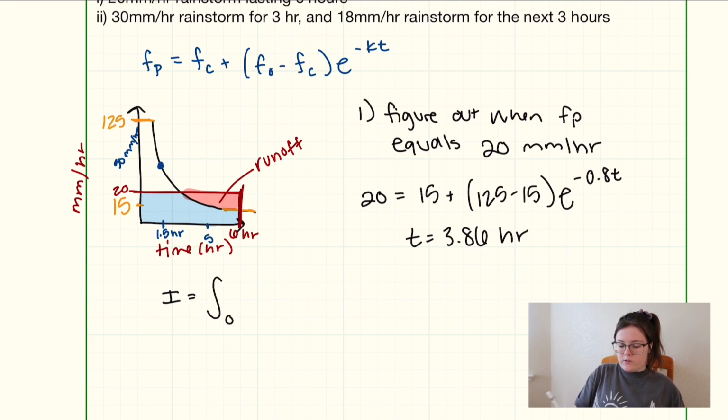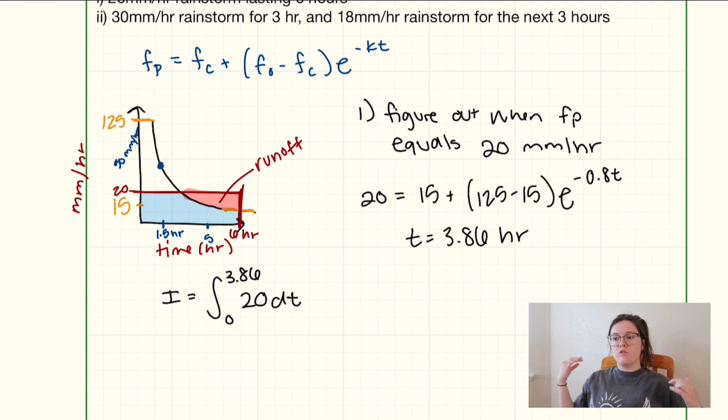From hours 0 to 3.86, the curve that we integrate under is just that constant rainfall. It's just 20 dt, 20 millimeters per hour, because our capacity is greater than our rainfall, so the soil is able to absorb all of it.